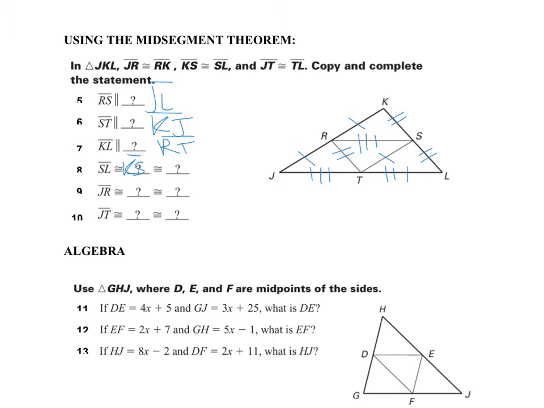So we can fill in the rest of our statements here. JR congruent to RK, which is also going to be congruent to ST, and JT is going to be congruent to TL, which is going to be congruent to RS.